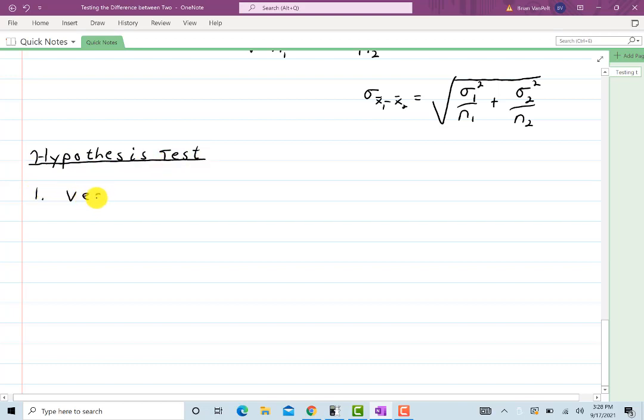Verify that sigma 1 and sigma 2 are known.